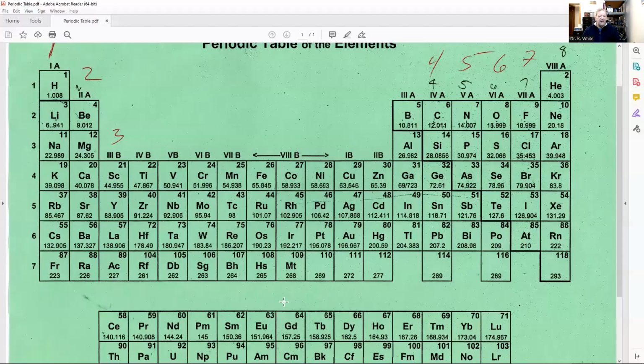We go to our periodic table, Mg, magnesium is right here. You look at the atomic number, 12. So magnesium has 12 protons, 12 electrons.